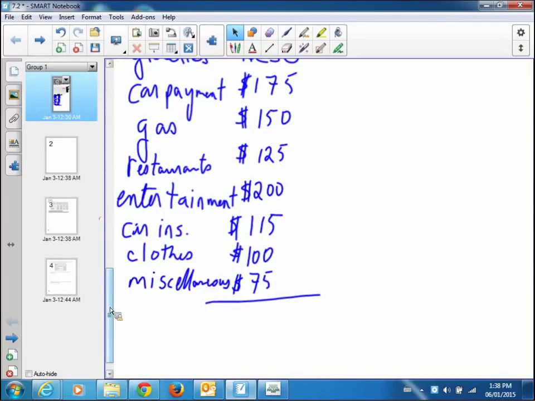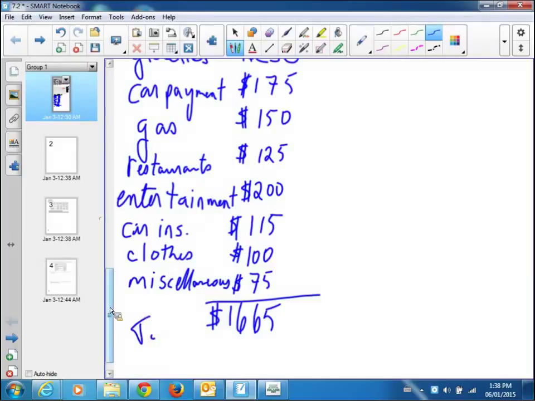Okay. Where are we at? 1665? Yeah. Somebody verify that. It sounds low. Raven's a good money man here.